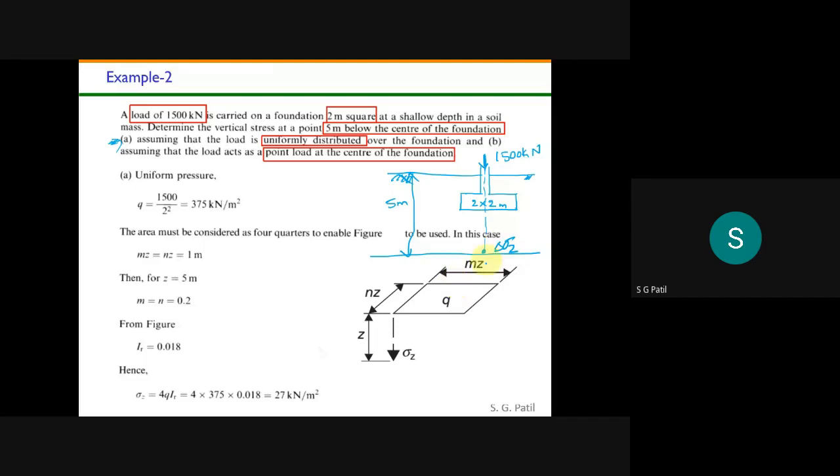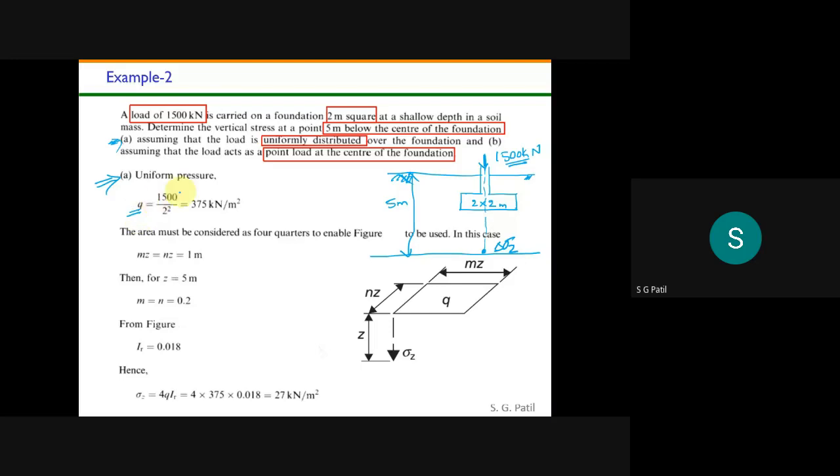So two things they are asking. One is you calculate delta sigma z by considering this 1500 kilonewton as a UDL and also as a point load. First let me calculate with UDL 1500 kilonewton. So now I have to calculate small q. What is my small q?